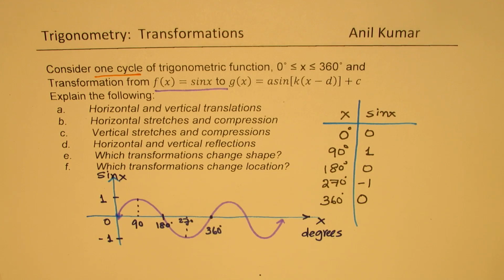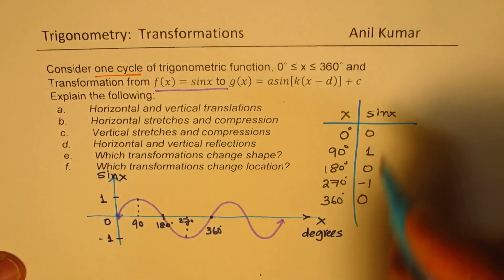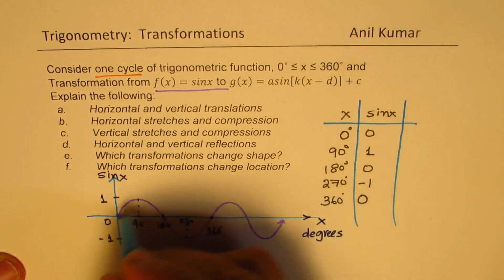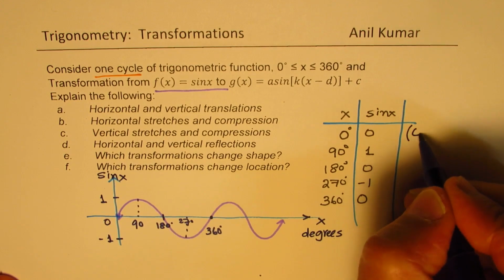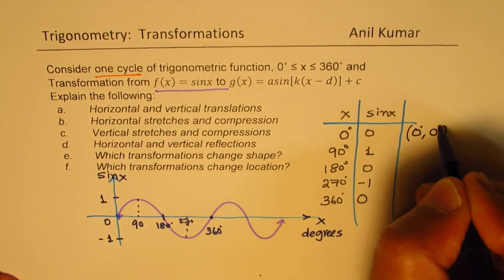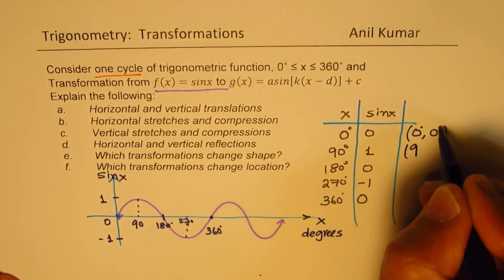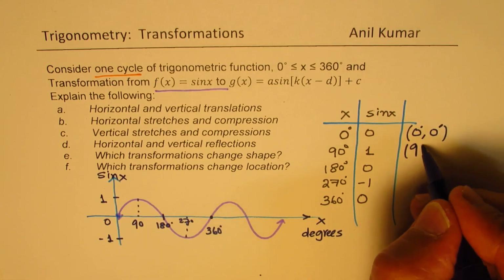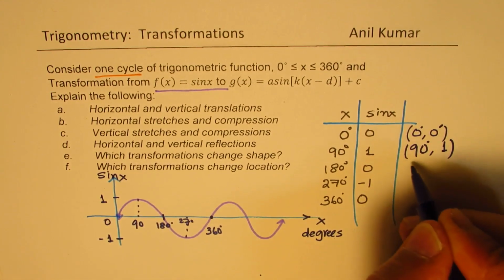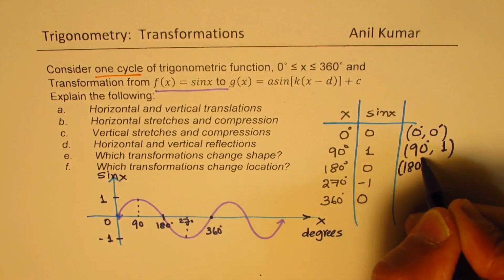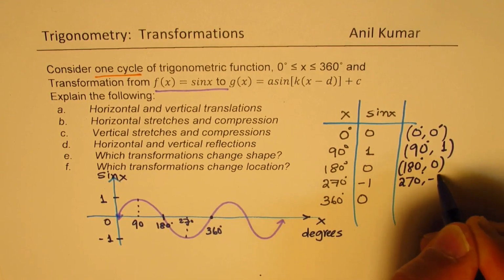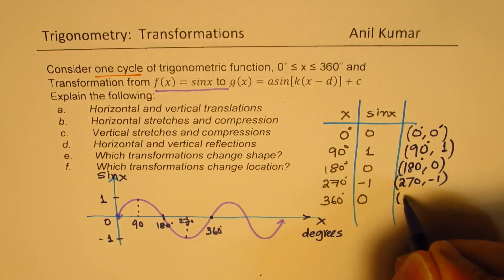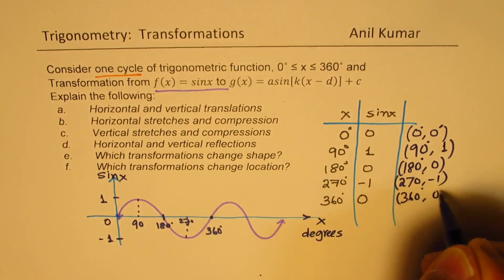So in all the transformations, we will see how these coordinate points change. As coordinate points on this graph, I may at times use (0, 0), (90 degrees, 1), (180 degrees, 0), (270 degrees, minus 1), and (360 degrees, 0).